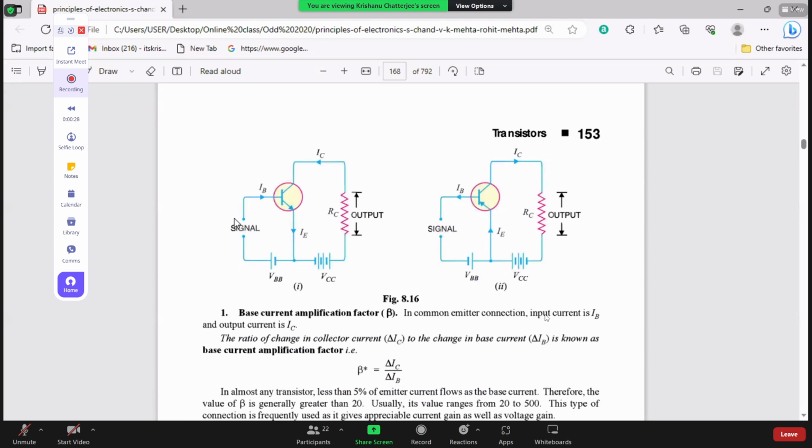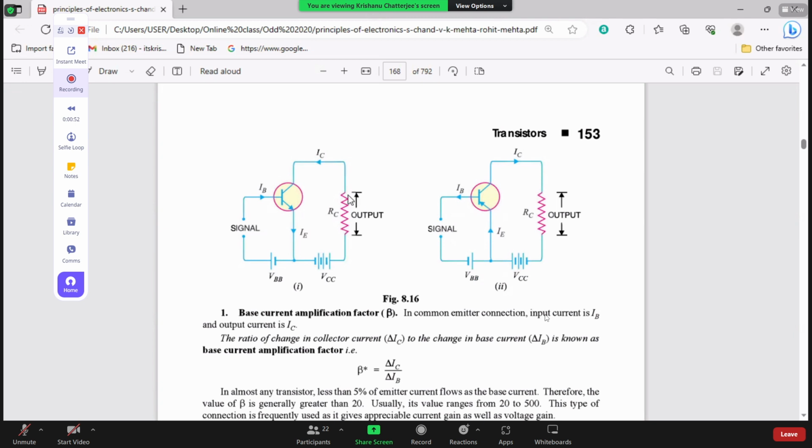So here the input is basically the base current. We are having VBB, and this is VCC. This junction voltage is VBE, and this junction, the collector emitter junction, is VCE.